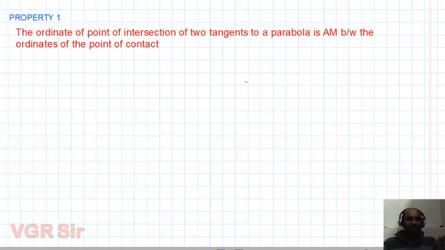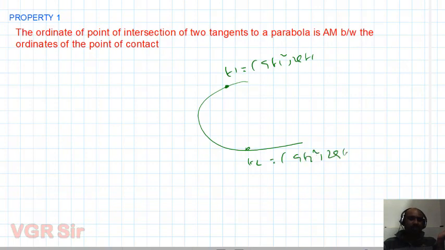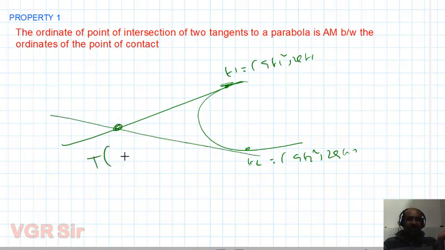Observe here, for example, this is a parabola, this is a point T1 whose coordinates are (aT1 square, 2aT1), and this is another point T2 whose coordinates are (aT2 square, 2aT2). Through T1 a tangent is drawn, through T2 another tangent is drawn, we got the point of intersection T. Already you derived the coordinates of the point T, that is (aT1T2, a times (T1 plus T2)).